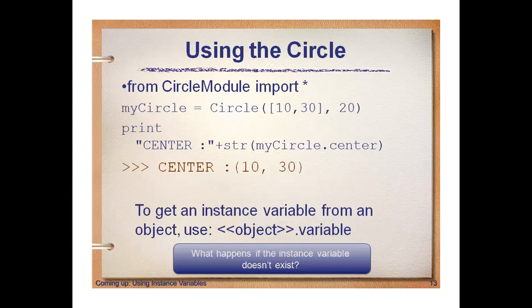My circle equals some object here, and what we simply want to do is print the center of our circle. We can simply print 10, 30 of it. So we have that instance here and we can get the result that the center of my circle is at the 10, 30 position.